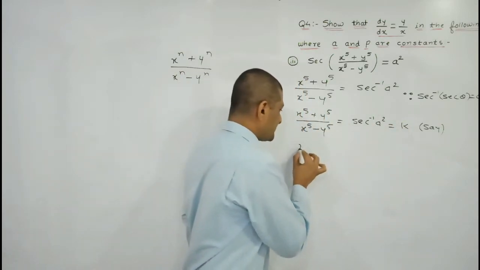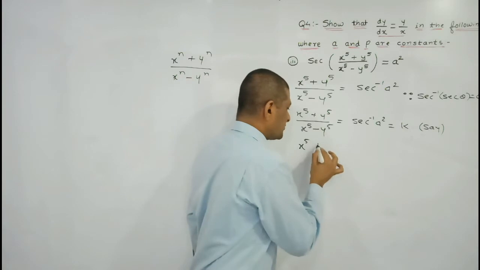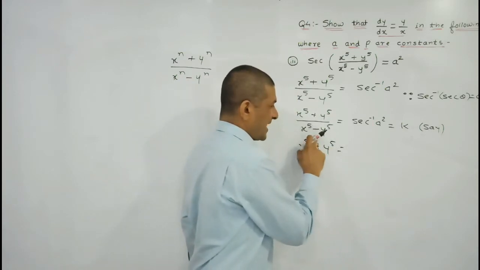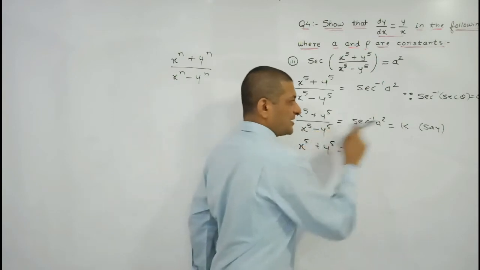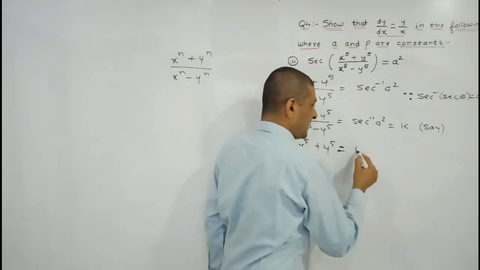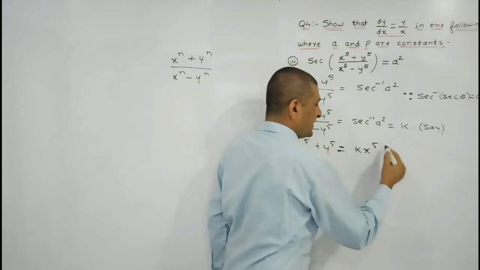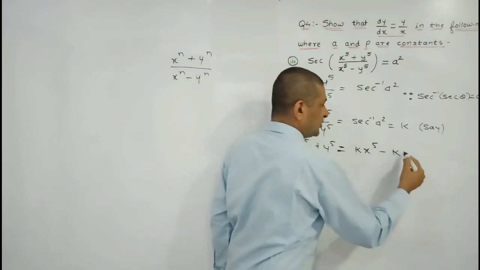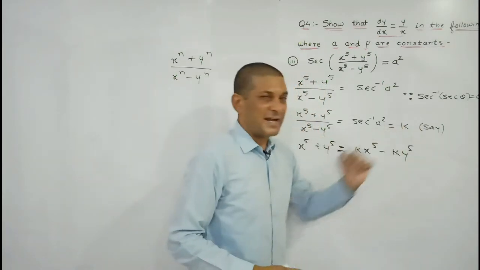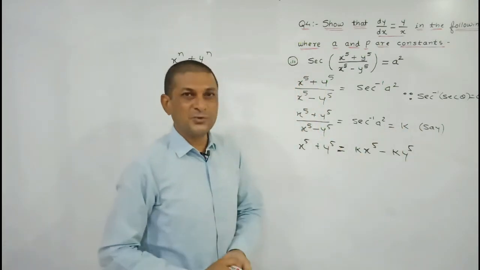On this side, x raised to power 5 plus y raised to power 5, keep it as it is. So I am multiplying x raised to power 5 minus y raised to power 5 to k. So on this side, what will we get? k into x raised to power 5 minus k into y raised to power 5, means this term will get multiplied to k on this side using transformation.